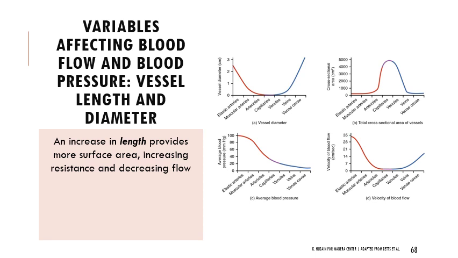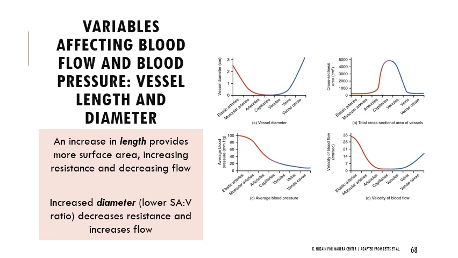There's more resistance and decrease in flow over time. So think about how low the pressure is and kind of low the flow of blood is in your feet and extremities. And then with diameter, when you have high diameter, kind of closer to the heart of those vessels, you have a lower surface area to volume ratio that decreases resistance and increases flow.